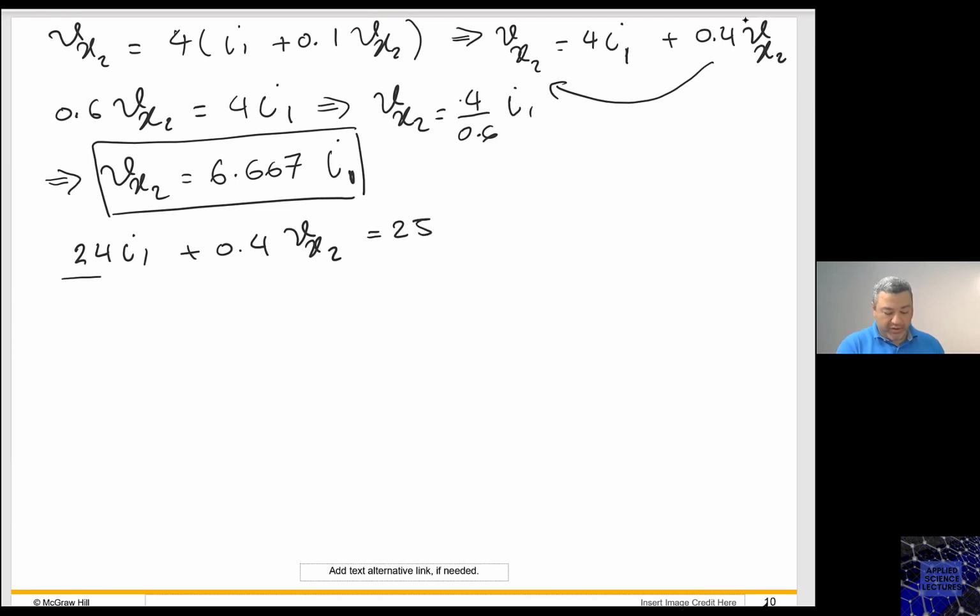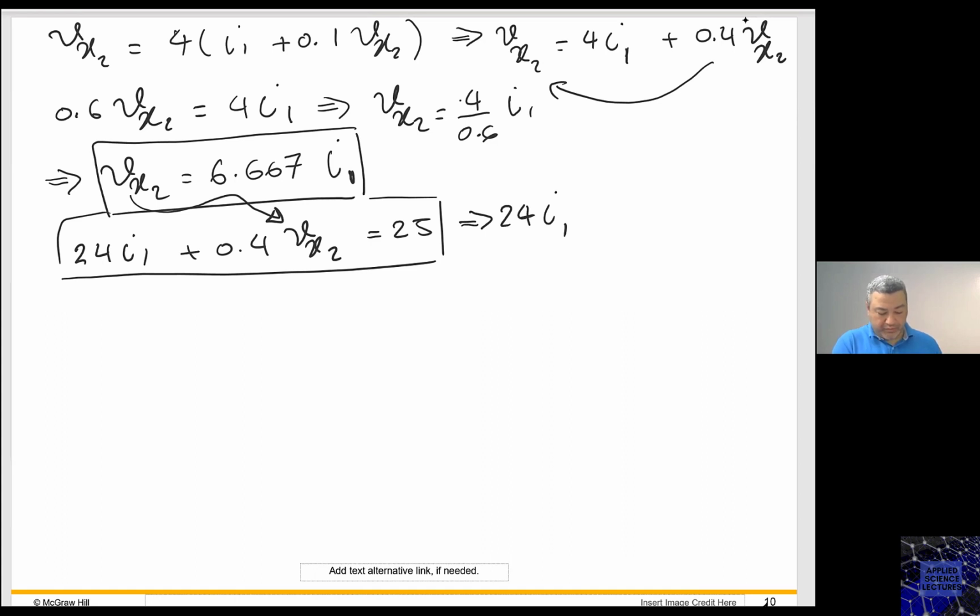This is the equation we had earlier from the mesh equation. Now, if you take this Vx2, substitute it here, you will end up with one equation, one unknown. So this is going to be 24 I1 plus 0.4 times 6.667 I1 equals 25.